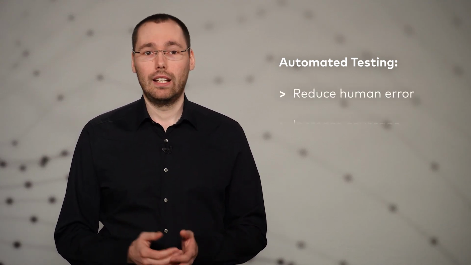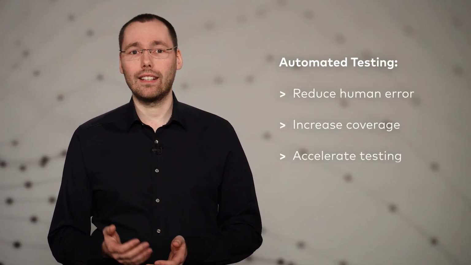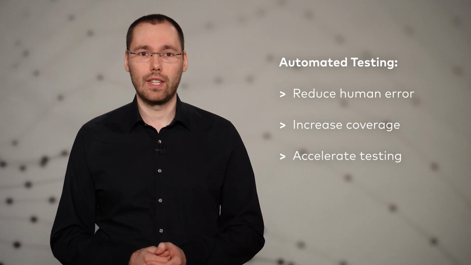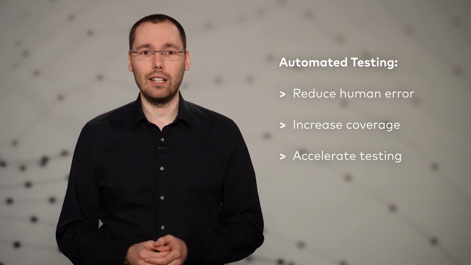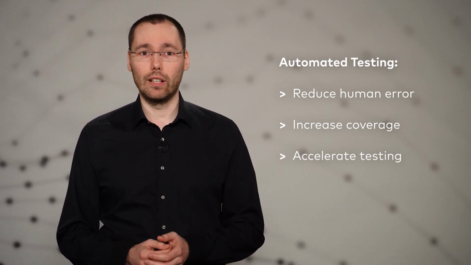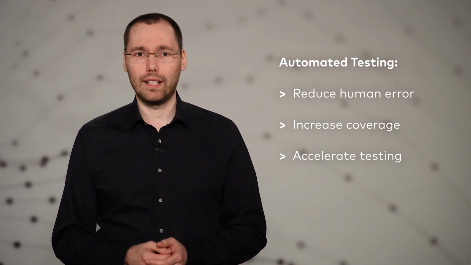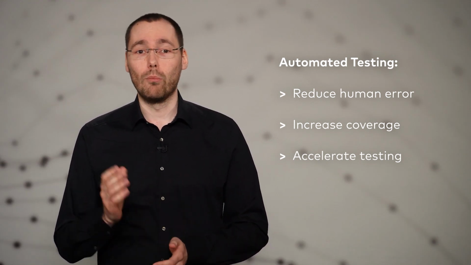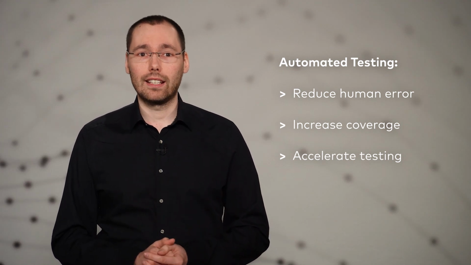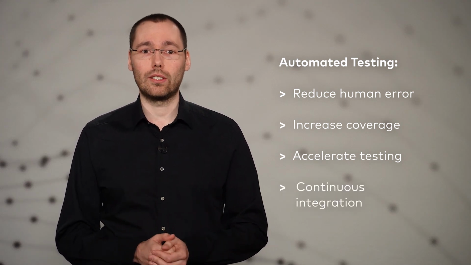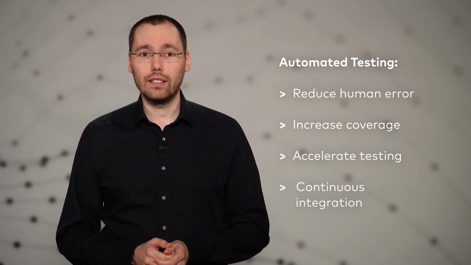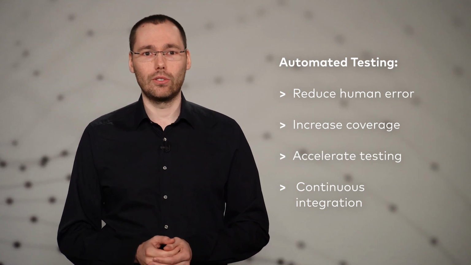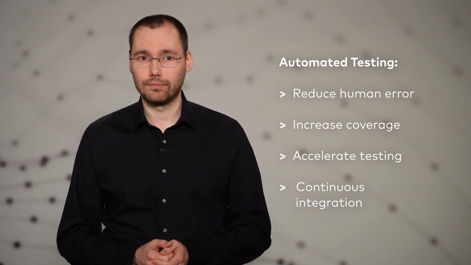By automating repetitive and time-consuming tasks, we can reduce human error, increase test coverage, and accelerate the testing process. This leads to significant time and cost savings, allowing developers to focus on more complex issues and deliver high-quality products faster. Moreover, automated tests can be integrated into continuous integration pipelines, ensuring that your latest changes do not introduce unwanted bugs.